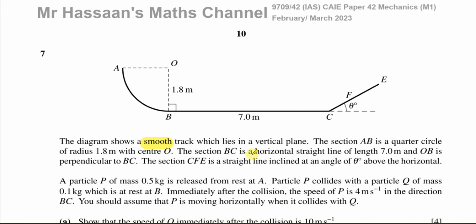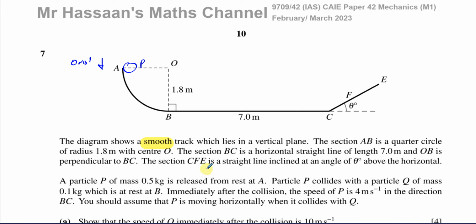The section CFE is a straight line inclined at an angle of theta above the horizontal. A particle P of mass 0.5 kilograms is released from rest at A. So particle P is released at rest from A, so it's at 0 meters per second.